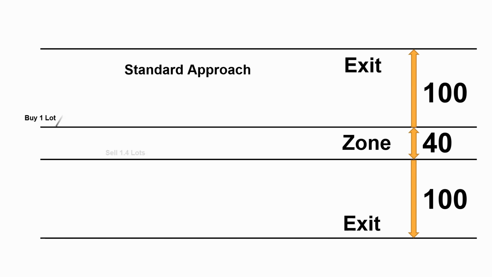So taking the standard approach, I would buy one lot and then sell 1.4 lots. The sizing of that 1.4 lots is such that if the price then continues down and reaches the lower exit point, I will achieve a profit on that sell and a loss on the buy, and those two will net off to approximately zero. So you see that after I take that sell, I have a net result of 0.4 lots negative, or 0.4 lots in the sell side, and my profit in the end is 1.4 lots by the 100 pips profit that I've made on the sell, minus one lot of buy by the 140 pips of loss that I've made on the buy.